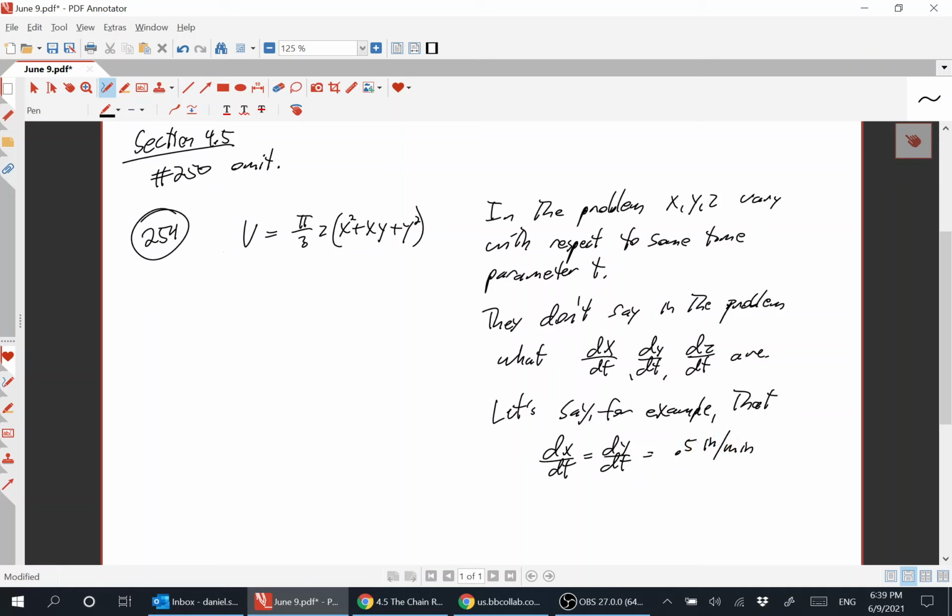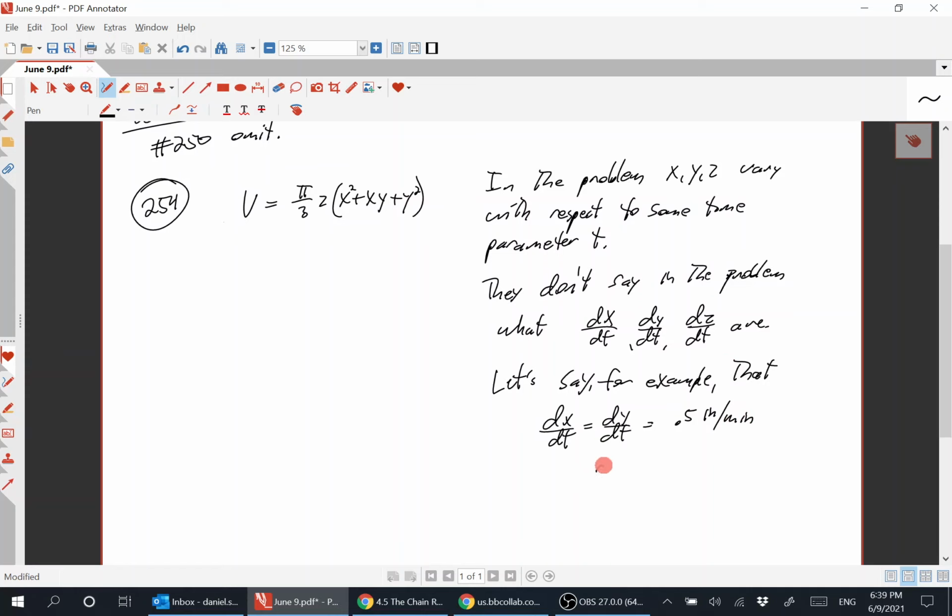So x and y are increasing at half an inch a minute, and dz/dt is equal to negative 1/10 of an inch per minute. So it's decreasing at 1/10 of an inch per minute. The z, or not h, the z, the height of that cone frustum. Okay. So now they ask you to find dV/dt.